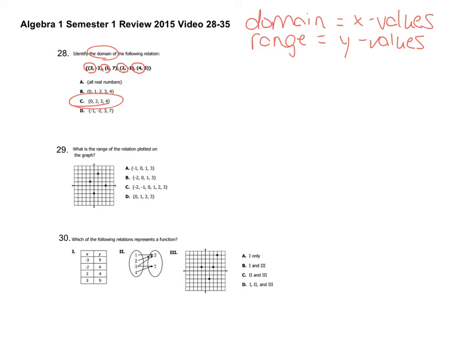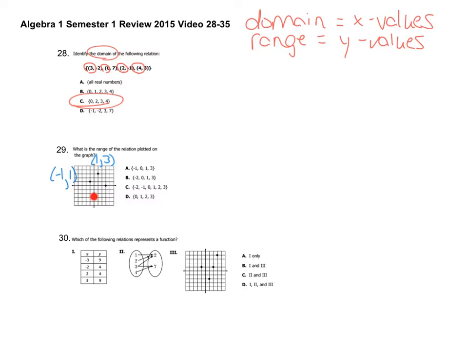29 gives us a graph, and it says what is the range, so it is looking for the y values. So we look at each point, and we want to know the y value of each point. This point right here, the top one, has coordinates 1, 3. This point here is -1, 1.